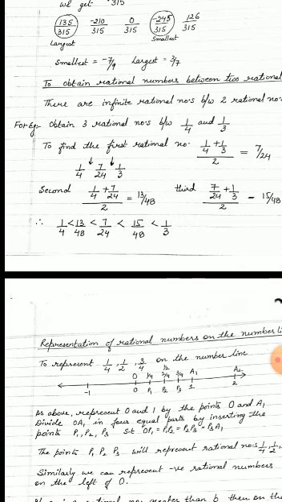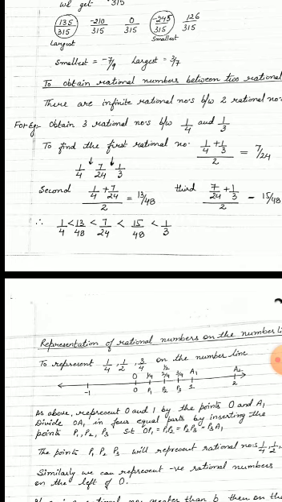For example, I wish to find three rational numbers between 1 upon 4 and 1 upon 3. To find the first rational number, what we do is add the two values, divide them by 2. That is 1 upon 4 plus 1 upon 3 divided by 2. So we get 7 by 24. So 7 upon 24 lies between 1 by 4 and 1 by 3.